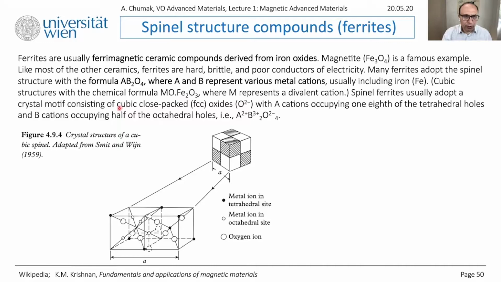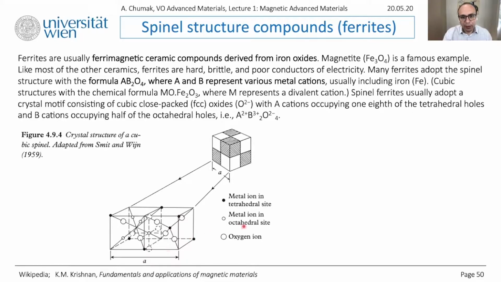It's usually a cubic close-packed FCC structure with A cations occupying 1/8 of the tetrahedral holes and B cations occupying half of the octahedral holes. It's also getting a bit complex, but let's have a look here. Metal ions in the tetrahedral sites are shown here with these black points.